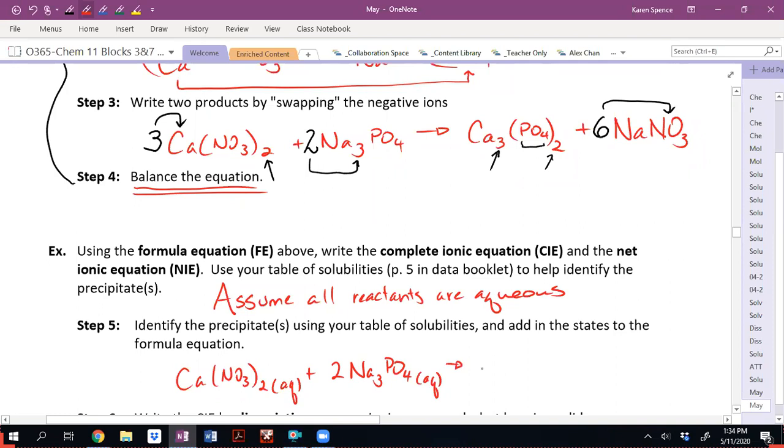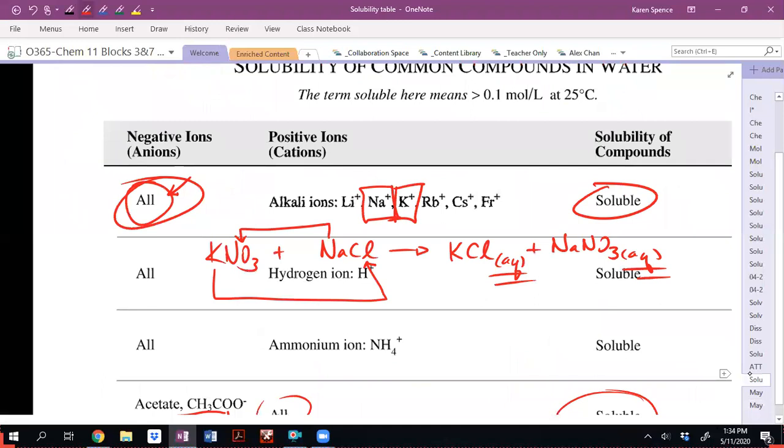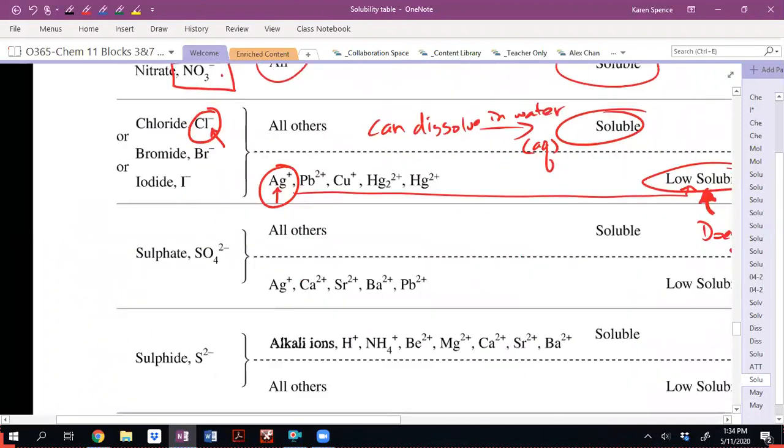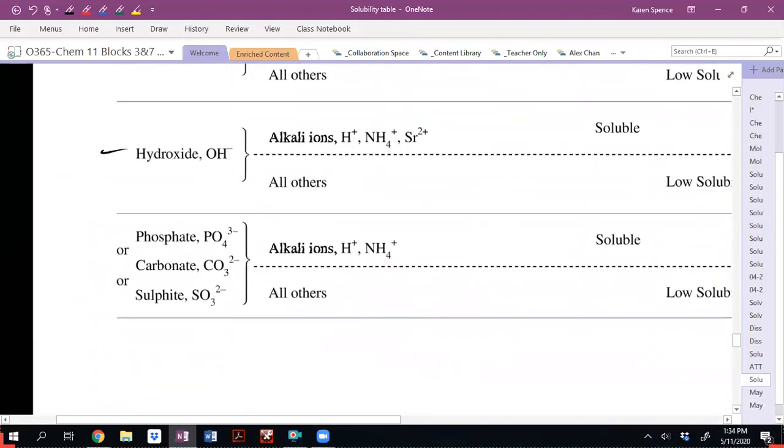Now we need to go look up Ca3(PO4)2. And you always start by looking up the anion. So let's go to the chart. Phosphate, we're looking down the left-hand column. So we're going to scroll down until we get to phosphate. There it is.